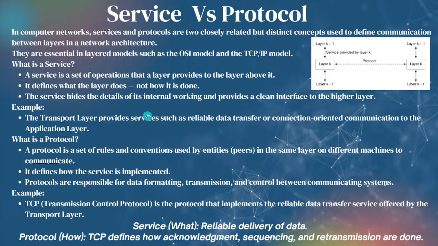How the transport layer provides reliable data transfer or connection oriented communication is not there, but what the layer does is what happens in service. When it comes to protocol, remember, it is a set of rules and conventions used by the entities or peers in the same layer on different machines to communicate.